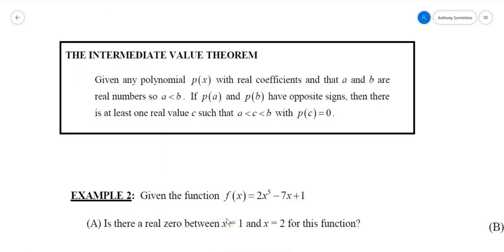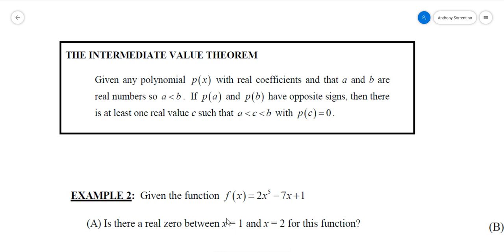The theorem is known as the intermediate value theorem. It's helpful in some ways when you're trying to think about finding points on the graph, and it relates to that above and below test that we were doing beforehand.